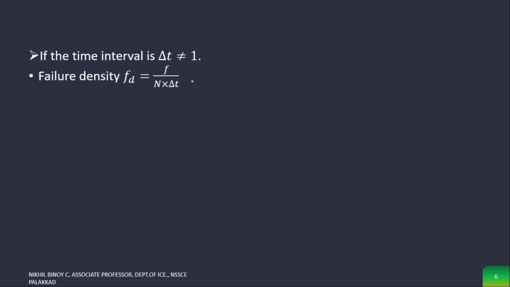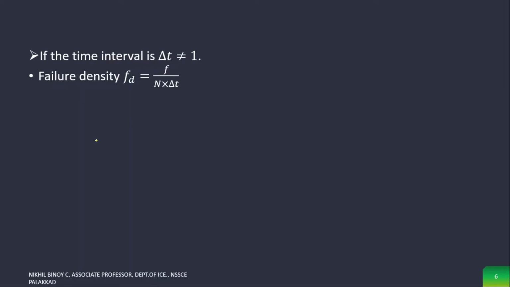So we have to divide f by n with delta t. That you have to remember. This is one important concept. If delta t is not equal to 1, if you are calculating failure density, you have to include delta t in the denominator.